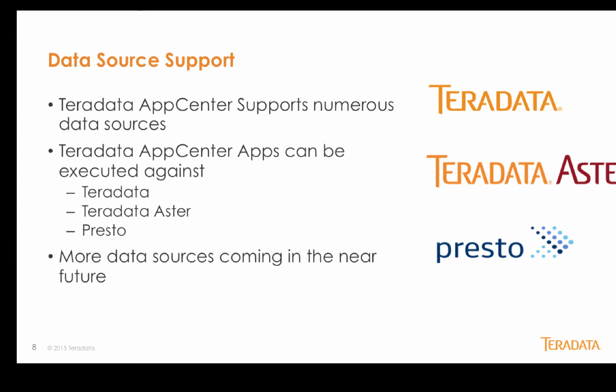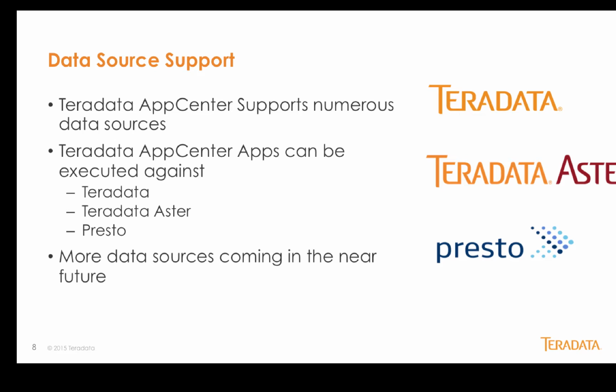So what data sources are actually supported within this infrastructure? When you have an application, as I explained earlier, it can go through that process of querying data and creating results. And what platforms can it actually query? Well, today, the Teradata AppCenter applications can query data that exists within the Teradata database, the Teradata Aster platform as well, and also Presto.